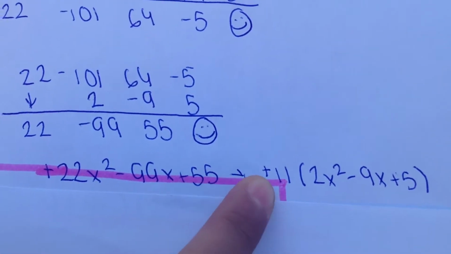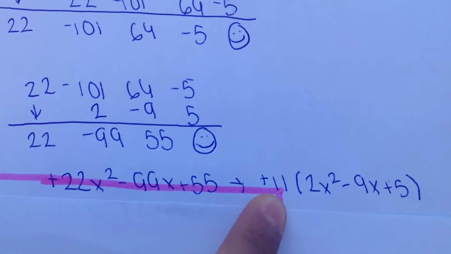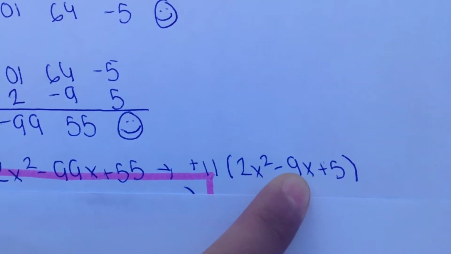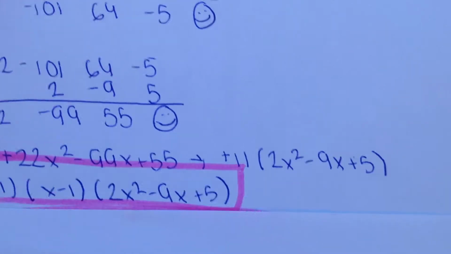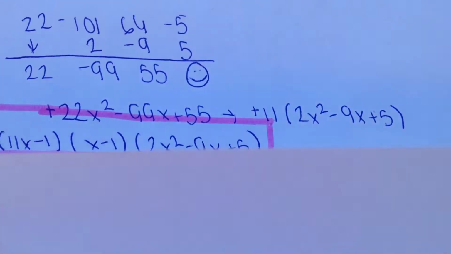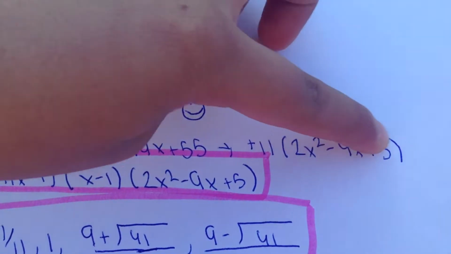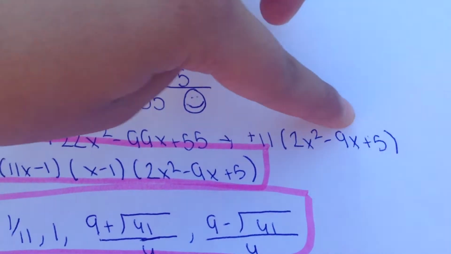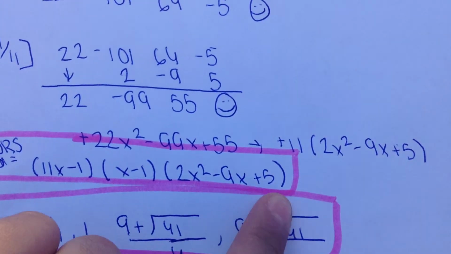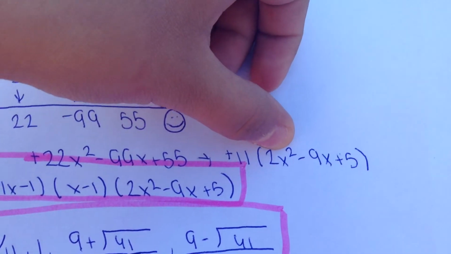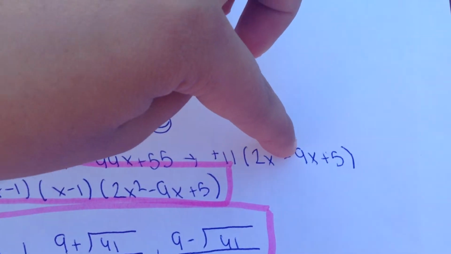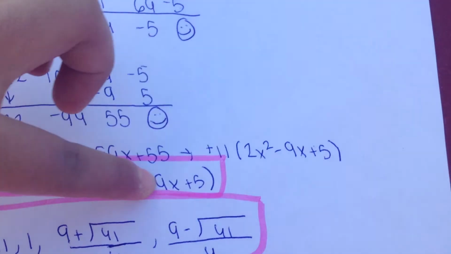And we're going to pull out a GCF of 11. So we end up getting 2x squared minus 9x plus 5. We want to factor this further, but these end up being our factors. So we bring down 22x squared minus 9x plus 5, and we put this down here.